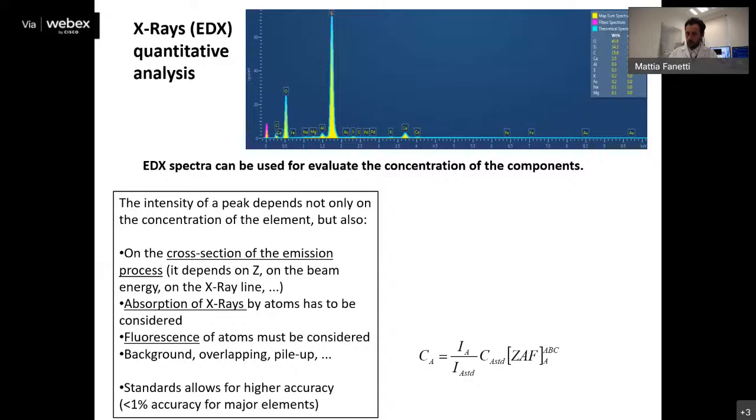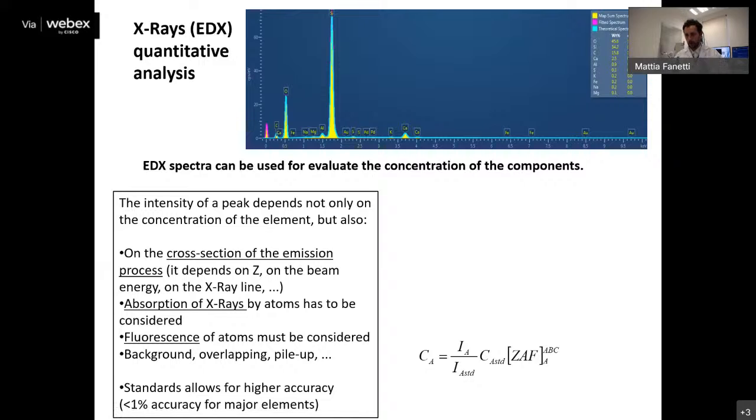Inside the software which analyzes the spectra, typically you already have some standards, it is already calibrated, so that you can run a routine which tries to take into account all these different effects and gives you some numbers, as you see here, for the different elements.